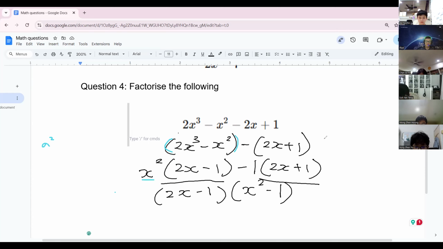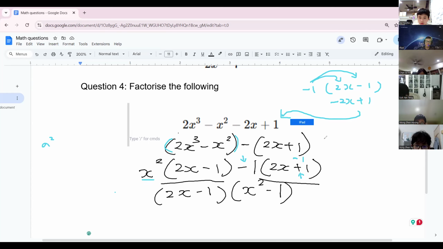But one thing you need to bear in mind, because here we have a negative, initially this is negative, but I need to make this become minus 1. Why? Because minus 1 times (2x minus 1), when I expand it, I will get minus 2x plus 1, where I will get back the original one.